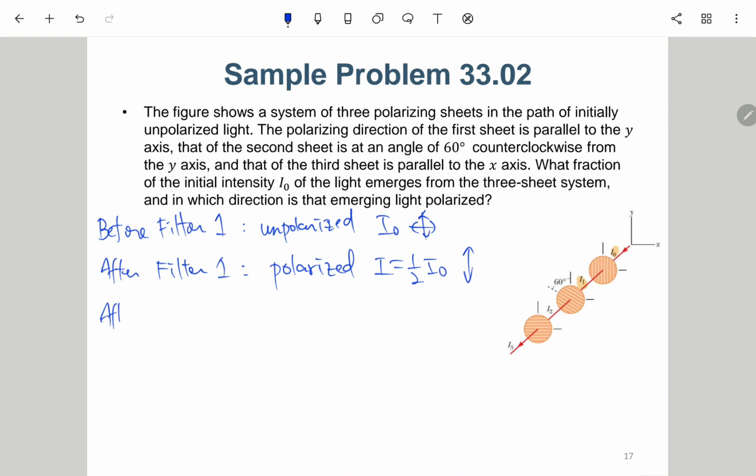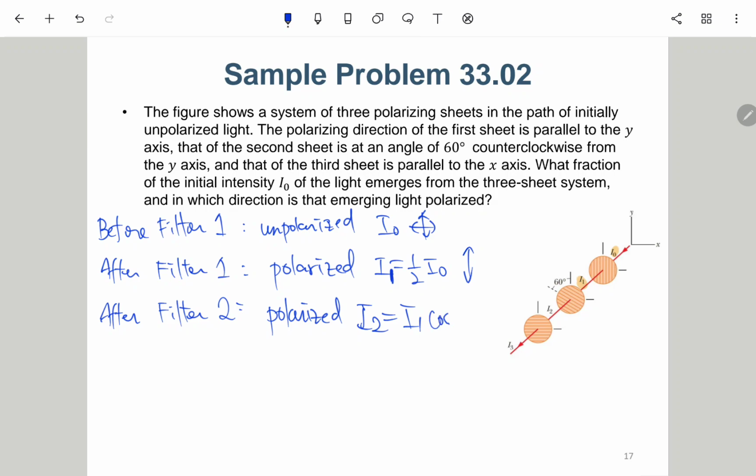Okay, and after filter 2, it is still polarized. I2 will be I1 times cosine 60 degrees square, because the filter is at 60 degrees with the y-axis and I1 oscillates along the y-axis, so there is 60 degrees between them.